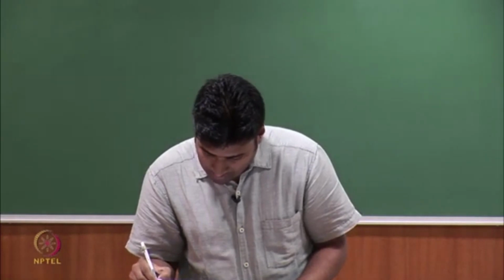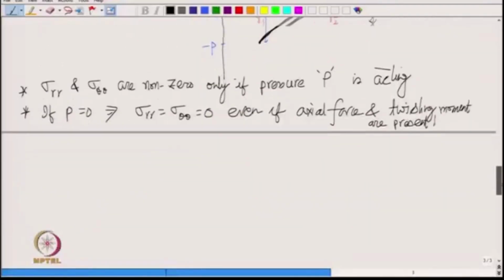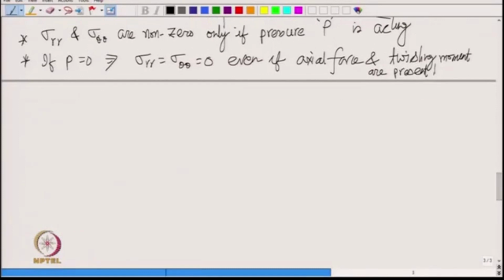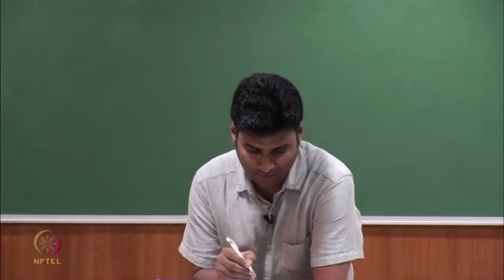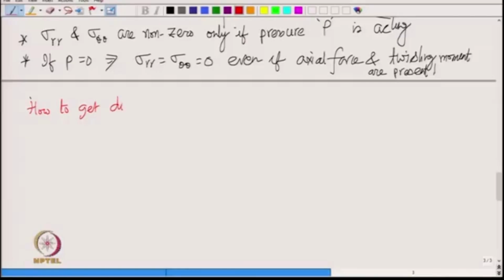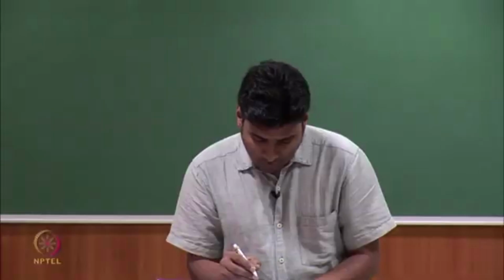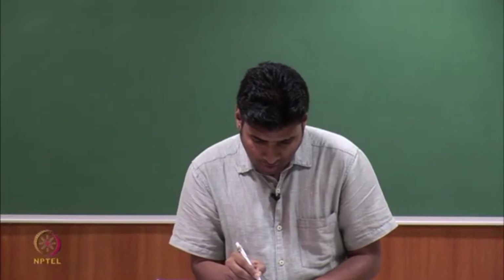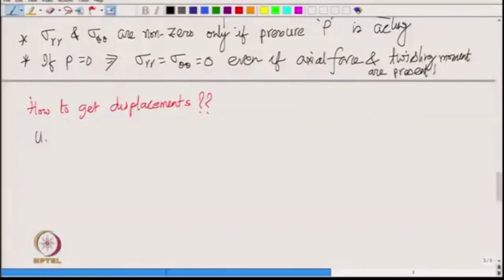So, this was about sigma r r and sigma theta theta, but we still have to get the displacements, right. So, let us try to find out the displacement, how to get the displacements. All right. So, we remember or we can recall that u r turned out to be c by 2 r plus d over r. And what was c equal to?